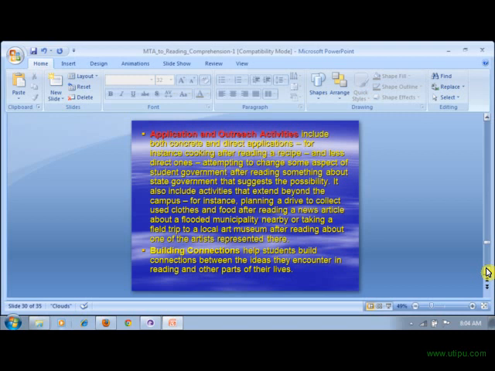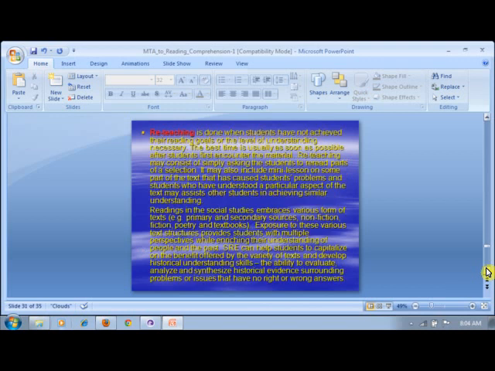It also includes activities that extend beyond the campus, for instance, planning a drive to collect used clothes and food after reading a news article about a flooded municipality nearby, or taking a field trip to a local art museum after reading about one of the artists represented there. Building connections helps students build connections between the ideas they encounter in reading and other parts of their lives.